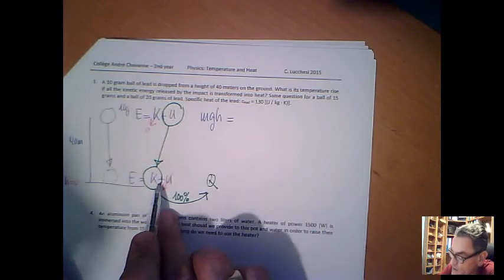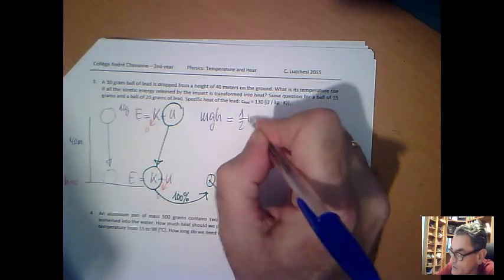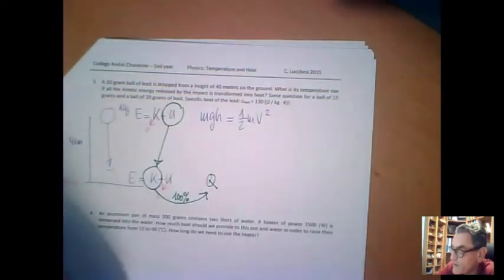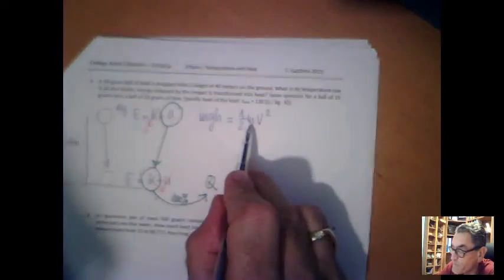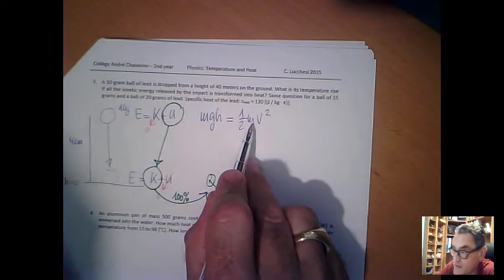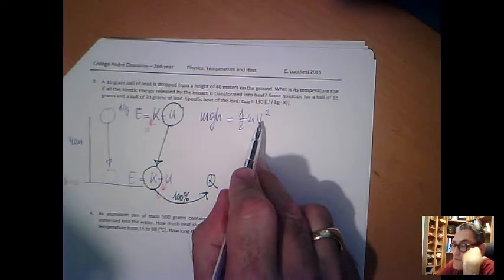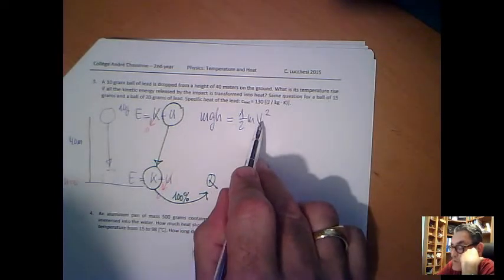Then this mgh has to be equal to this term down here. The U is 0, so it has to be equal to 1/2 mv squared, where this m is the same m as this one. It's the mass of the lead, and this is the velocity when it touches the ground. But do we really need to calculate this?